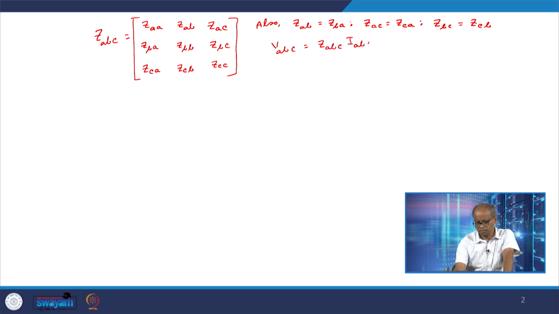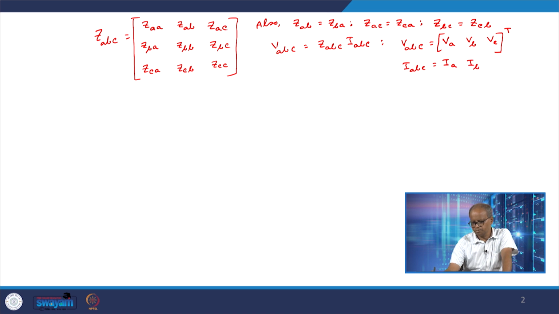Now, the relation between voltage and current of this transmission line would be essentially VABC is equal to ZABC into IABC. Of course, we know that VABC is basically a vector, VA, VB, VC transpose, and IABC is actually IA, IB, IC transpose.